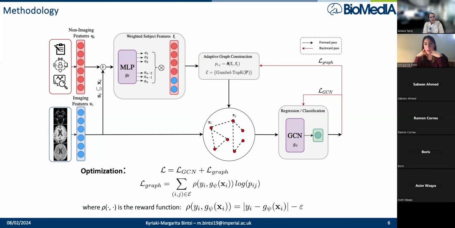Okay. Does it make sense? Yeah, it does. And is K also treated as a hyperparameter? Like how many top neighbors you should keep? Yeah, we kept, I think, 5 for the results, but it's just a hyperparameter.